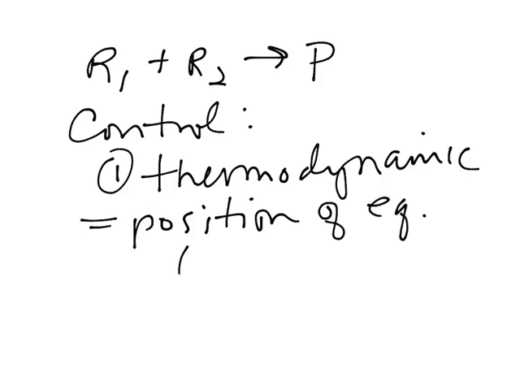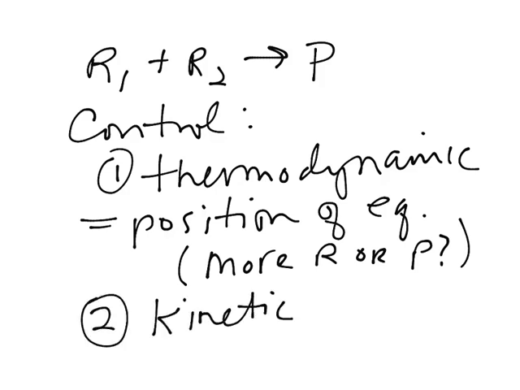So that means when equilibrium has been achieved and the forward and reverse reaction rates are equal, is there more reactant or product around? If there's more product, we say it's a spontaneous reaction. If there's more reactant, we say it's non-spontaneous. So thermodynamics tells us strictly the position of equilibrium, whether or not we have more reactants or products.